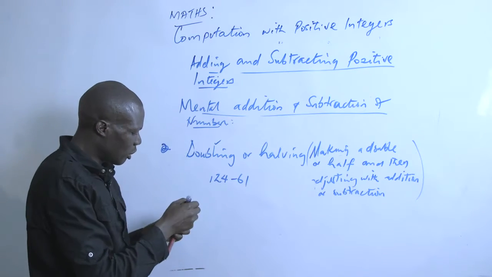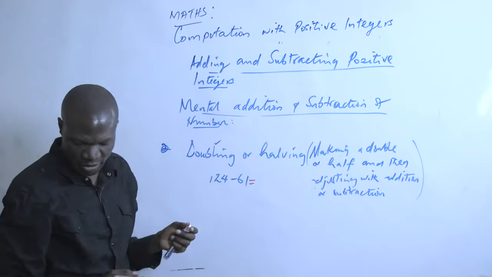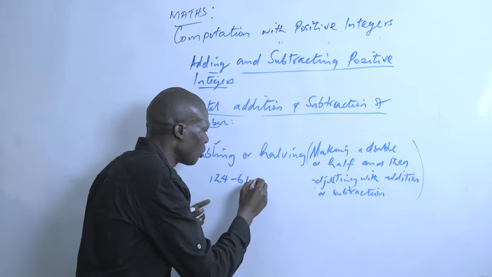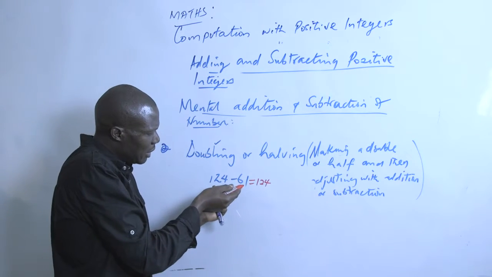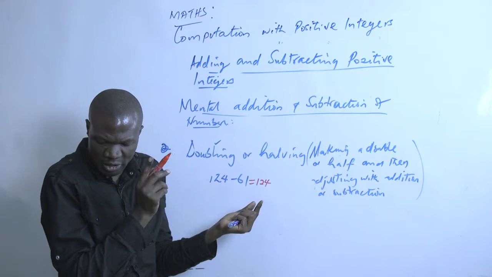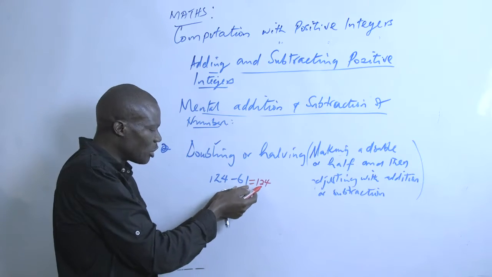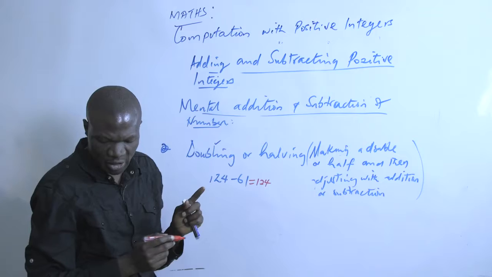You'll find that 124 minus 61 is the same as follows. This will be 124. You realize that we need to make this next digit to be a half of the first. Then it means that we need to increase something, because a half of 124 is 62. So we need to say that what we are subtracting is 62.